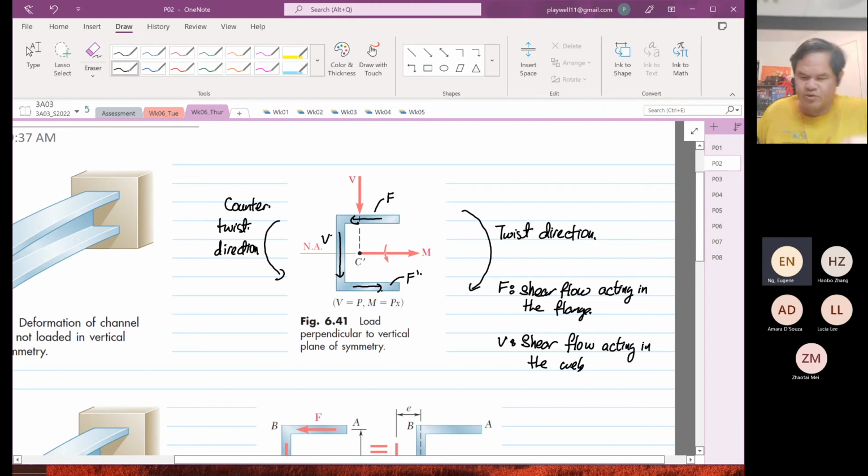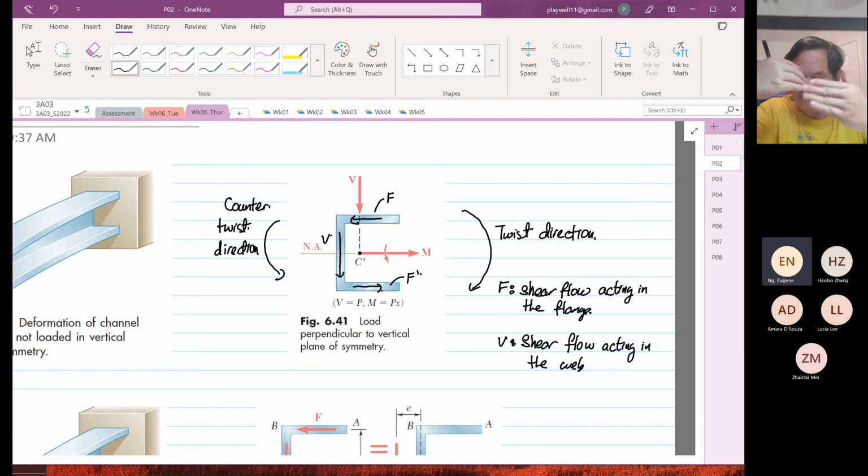Okay, is to have a counter twist direction, and F and F prime cannot generate the counter twist. Okay, because F and F prime, when you see them generating a moment, right, if you increase the distance or reduce the distance at the same time, both of them will not counter the twist.